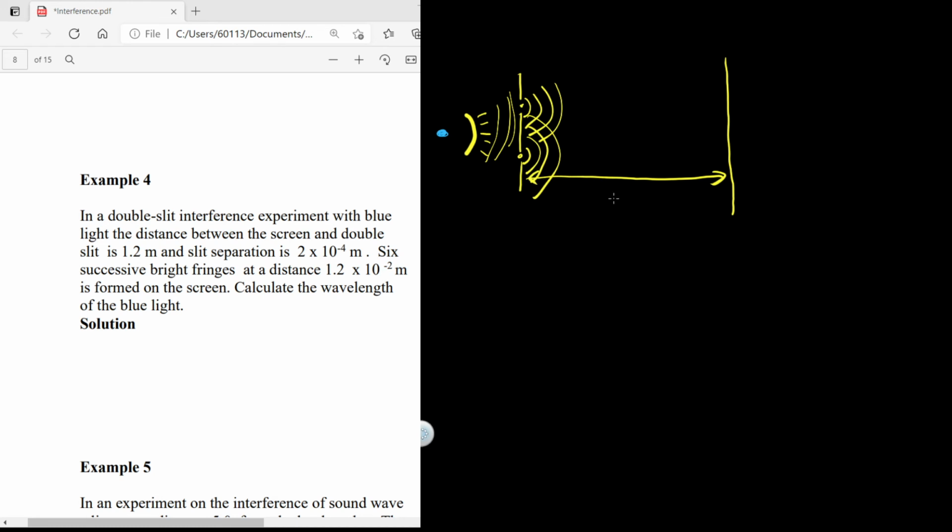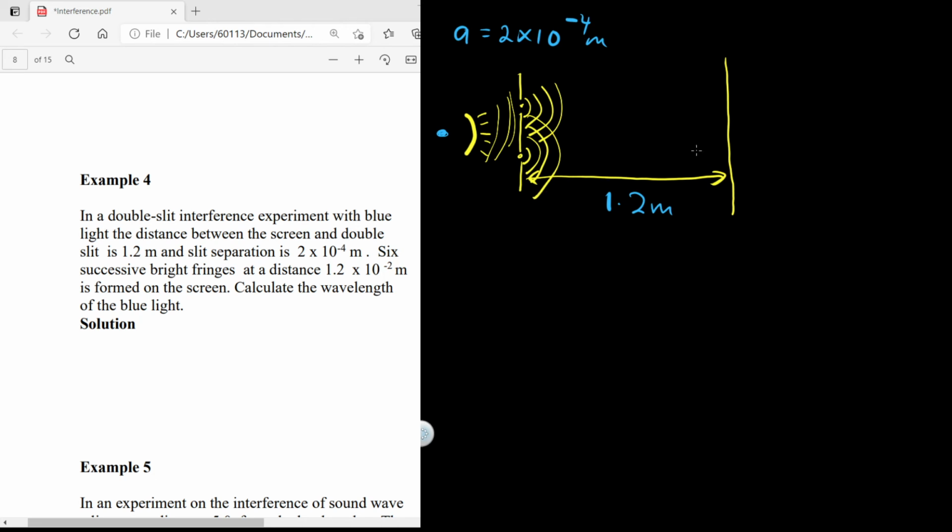So here the distance between the screen and the light sources is equal to 1.2 meter, and the slit separation is 2 times 10 to the power of minus 4. Slit separation is the distance between the 2 slits, so we write a equals 2 times 10 to the power of minus 4 meter.